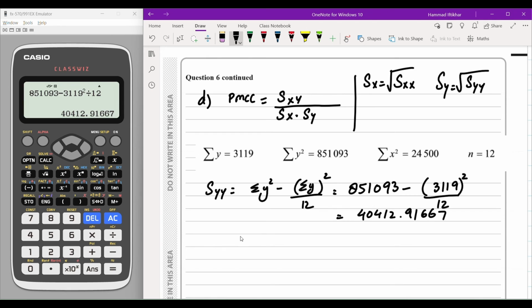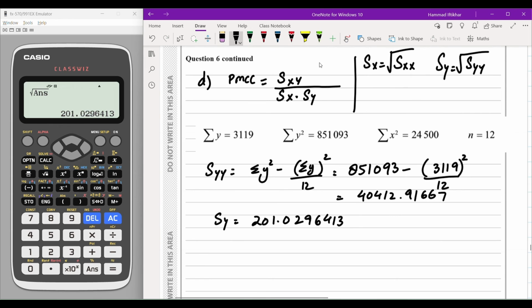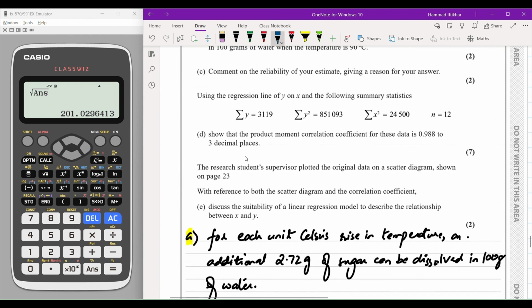So let's find out the Sy from over here. We just square root this, which gives 201.029641. Okay, to find out the Sxx, we actually need the mean or the sigma x first. We don't have that, right? So what we can do is use the equation that they gave us.